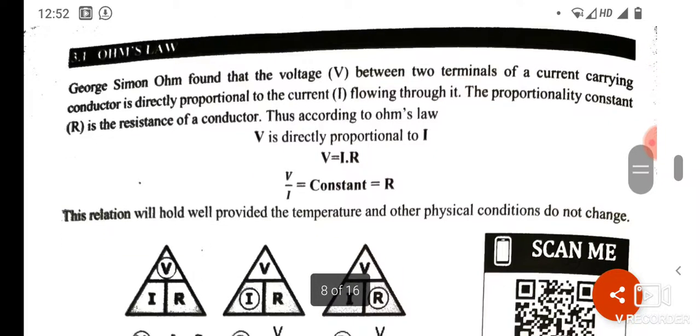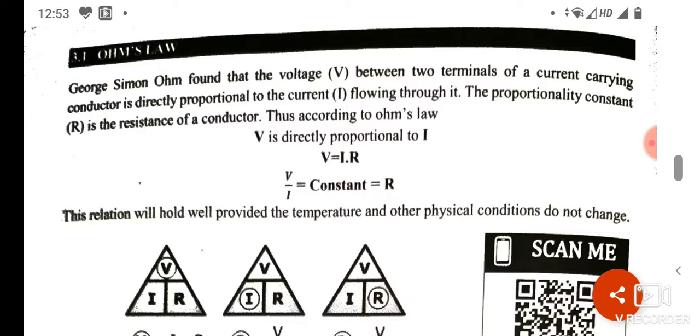Coming to George Simon Ohm, by Ohm's law, it is stated that a voltage V between two terminals carrying a current of I is directly proportional to I. V is the voltage applied or the potential difference between two points, and I is the current flowing through that conductor.